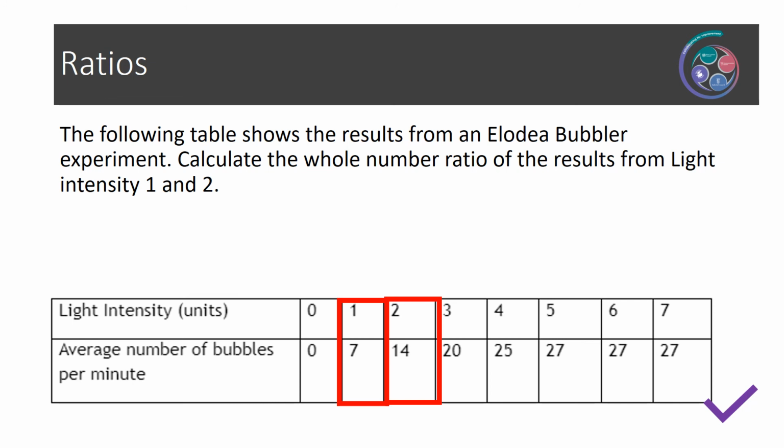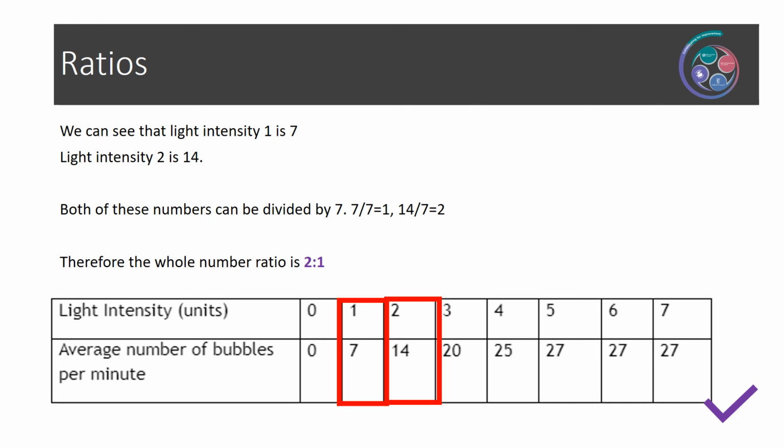The next whole number that we can go to that they both go into is 7, because the 7 times table, 1 times 7 is 7 and 2 times 7 is 14. So they both divide by 7. So we can see that light intensity 1 is 7 and light intensity 2 is 14.